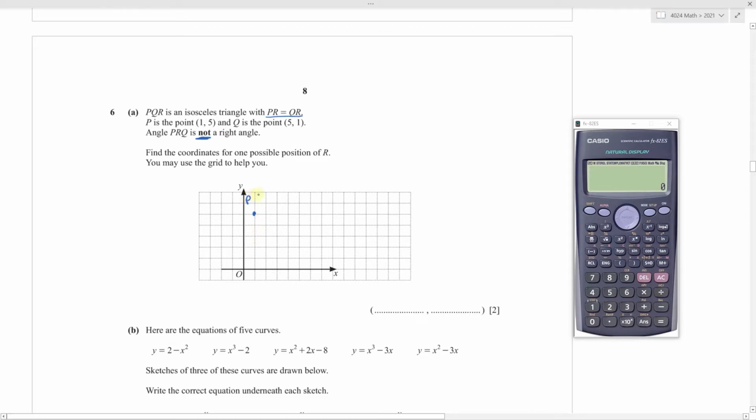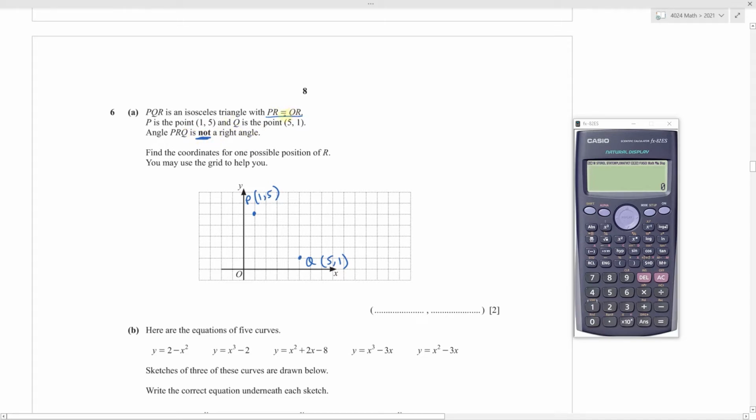So this is point P, which is (1, 5). And then you have Q, which is (5, 1). 1, 2, 3, 4, 5, and then 1. So this is Q, which is (5, 1). Now you have to find R such that the lengths PR and QR are equal and angle PRQ is not a right angle.